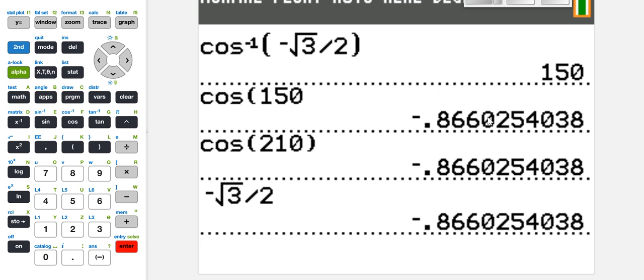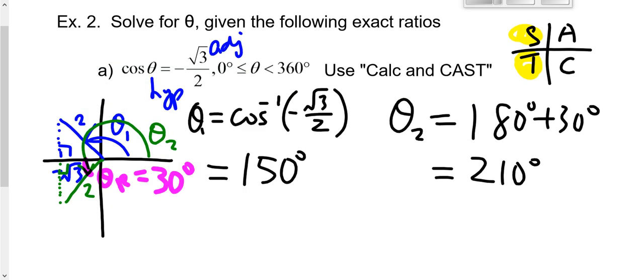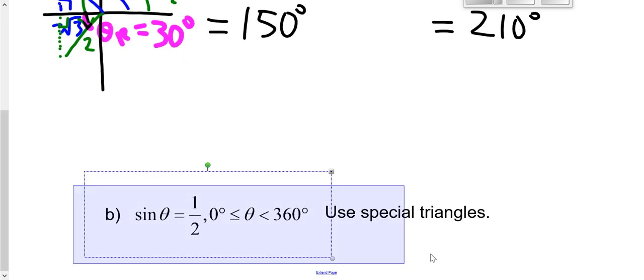So that means this is the same as negative root 3 over 2. Now you can see that. I hope that makes sense. Why? Because cos is negative in quadrant 2 and quadrant 4, as we figured out. So let's do the last one here.